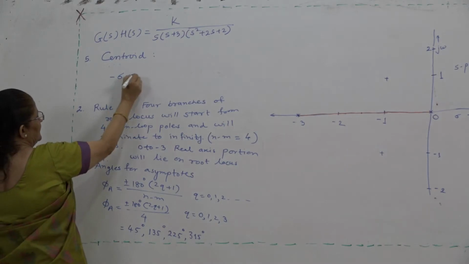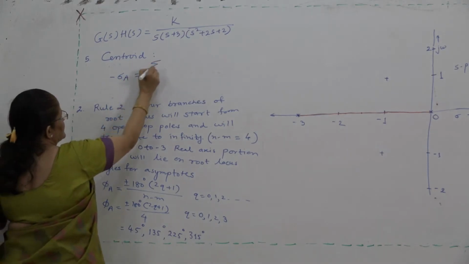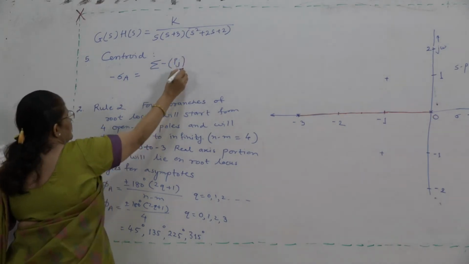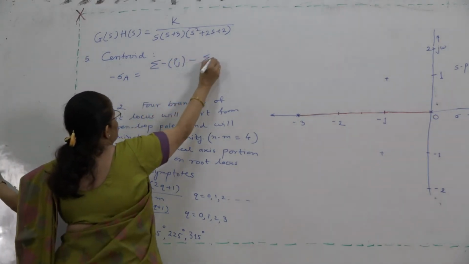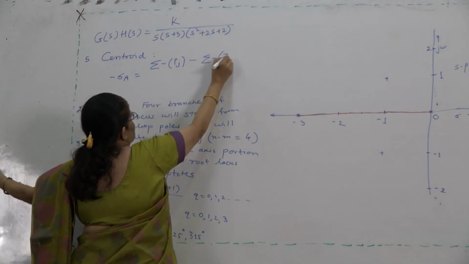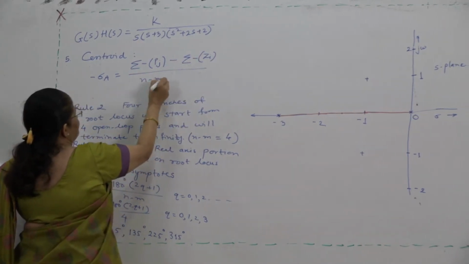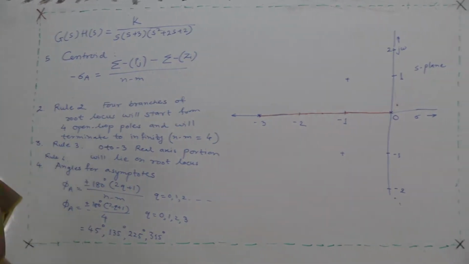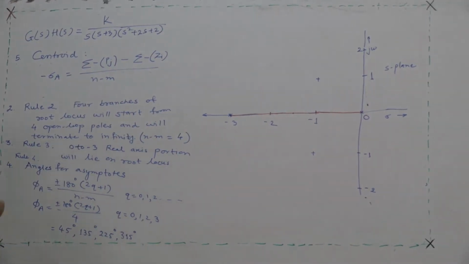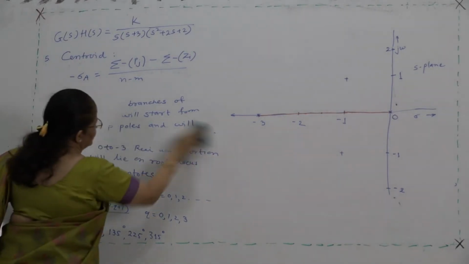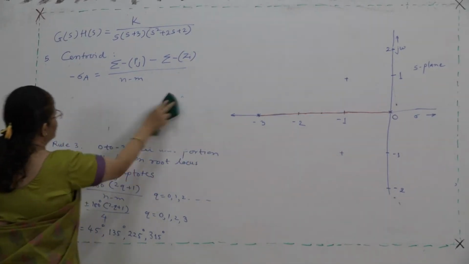Minus sigma A is equal to summation of all real parts of the poles minus summation of all the real parts of the zeros upon n minus m. This is as per the formula. There are no zeros, so only poles you have to consider.